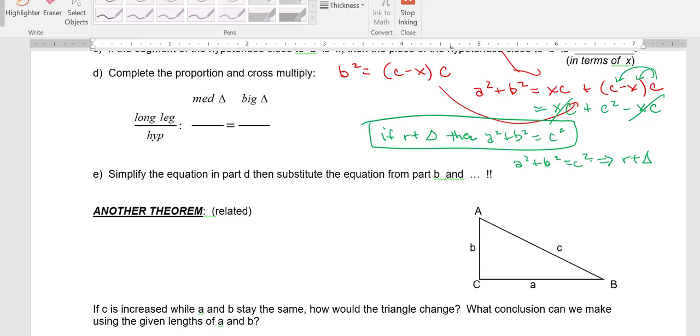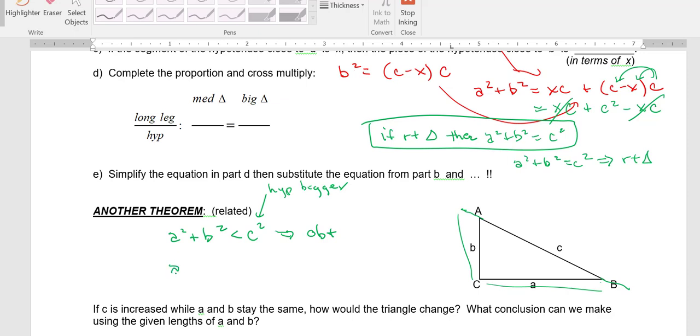So the question is, what do you have? That's the other related theorems here. If a squared plus b squared is less than c squared, so here the hypotenuse has gotten bigger, right? If I stretch out my hypotenuse, stretch this out this way and stretch this out this way, hopefully you can see that you're going to end up with an obtuse triangle.